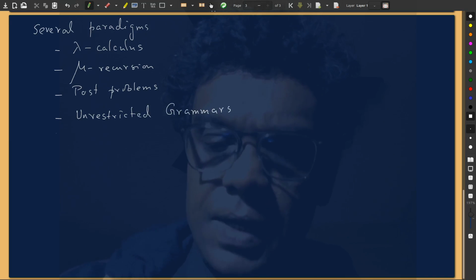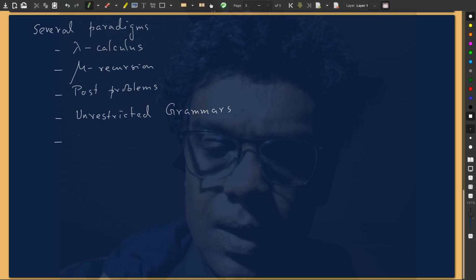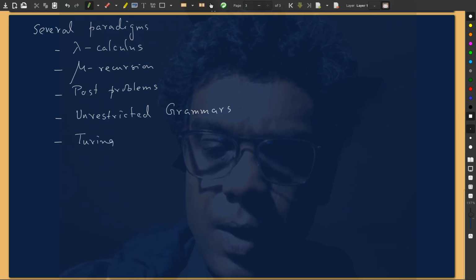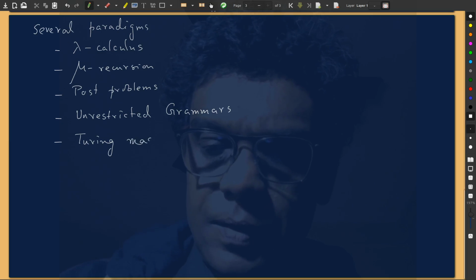Finally, in the mid-1930s, the British mathematician Alan Mathison Turing proposed the concept of Turing machines.